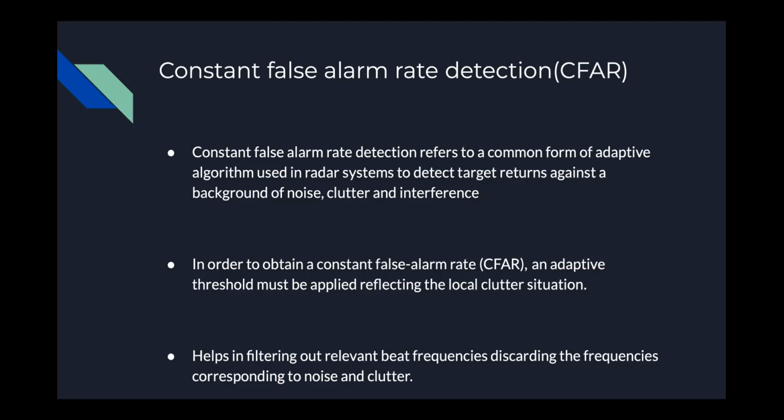See this second point, to obtain CFAR, we provide a threshold that reflects the local clutter situation, like the background noise. And from this, we can find our original signal. This helps in discarding the frequencies we don't need, like the frequencies corresponding to noise and clutter.